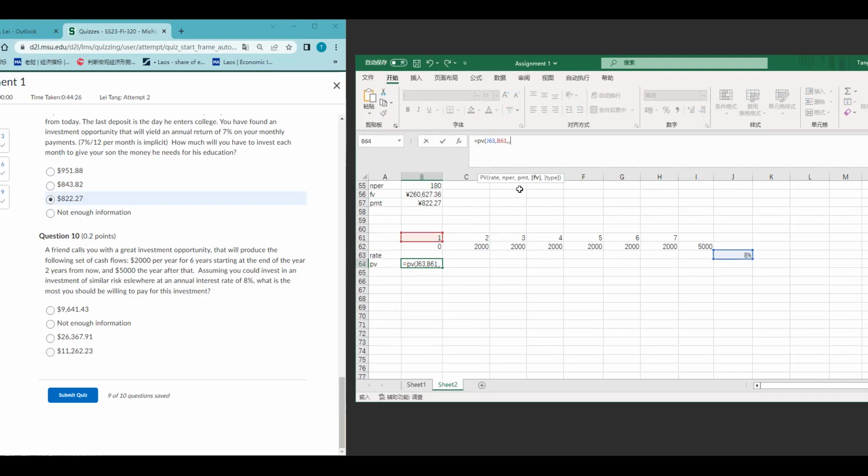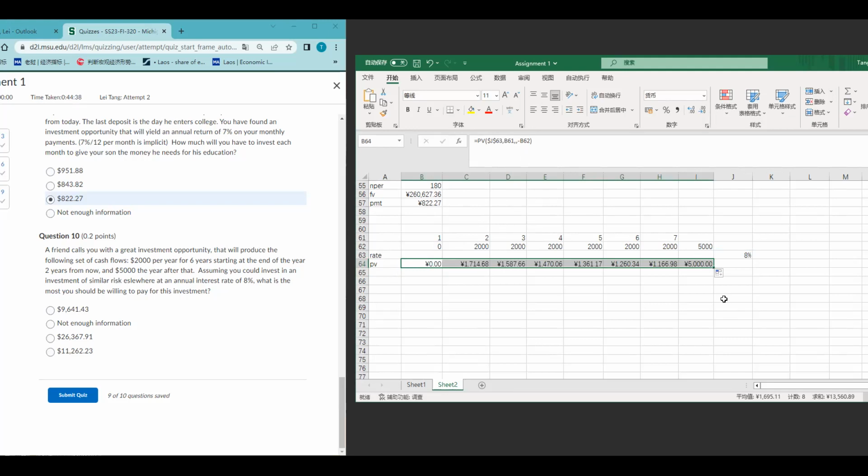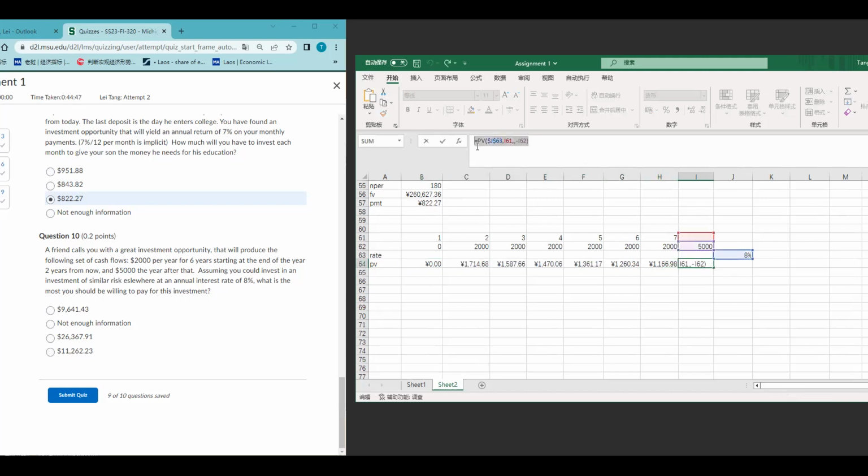PMT now. FV is negative here. Don't forget FV got 0 here. Okay, for the last one, we forgot here, 8.